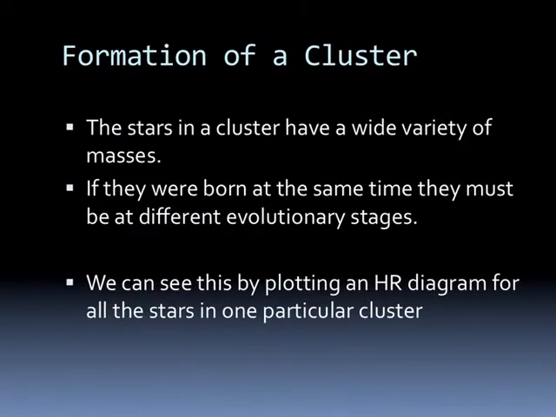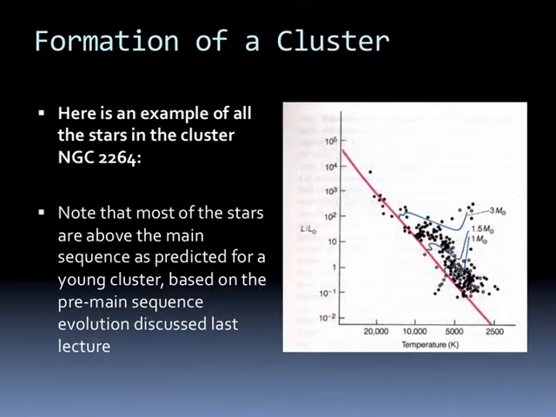The stars in a cluster have a wide variety of masses. If they were born at the same time, they must be at different evolutionary stages. And we can see this by plotting an HR diagram for all the stars in one particular cluster. So, for example, this is the HR diagram of the stars in cluster NGC 2264.